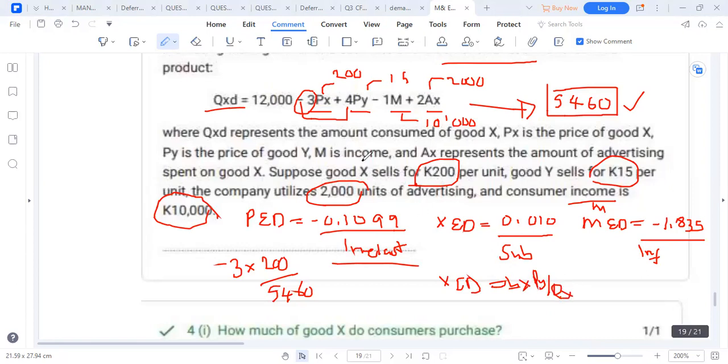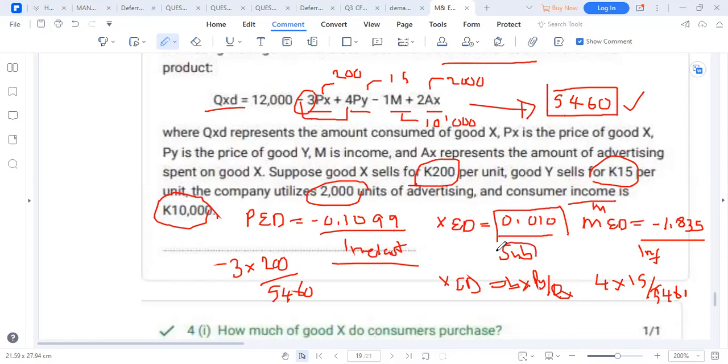The gradient this time is 4, times the price of Y, 15, over the total sales, which is 5460. When you compute that, you get a positive number, 0.010.